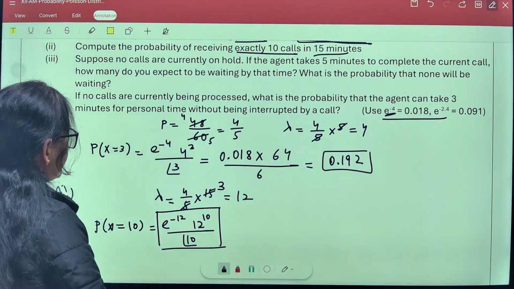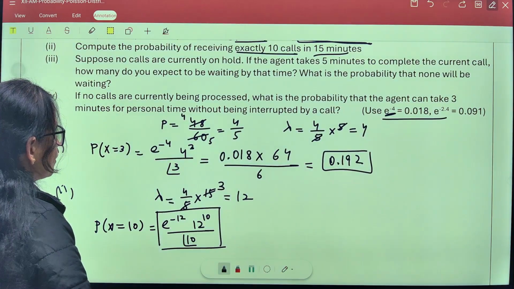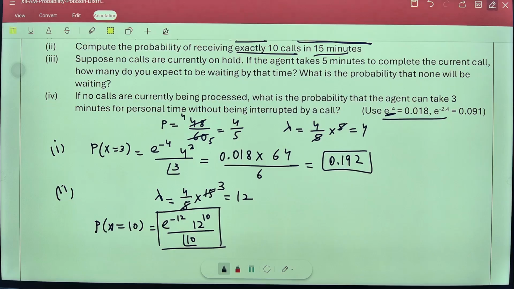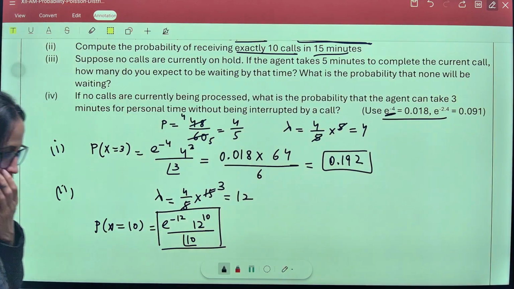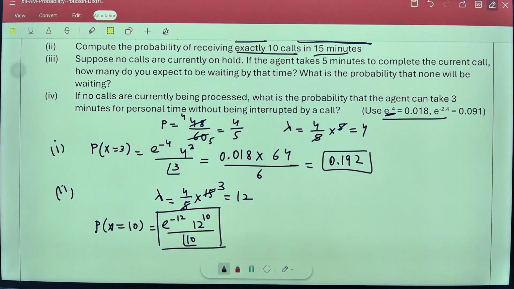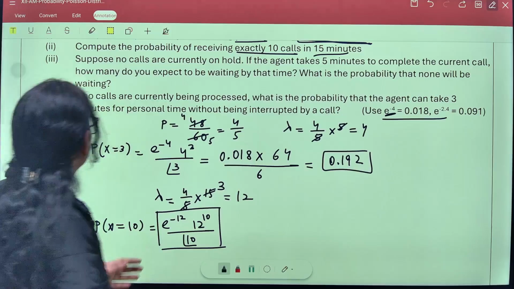Third part. Suppose no calls are currently on hold. If the agent takes 5 minutes to complete the call, how many do you expect to be waiting by that time? What is the probability that none will be waiting? So none will be waiting means you need to find the probability for x being equal to 0. Now before that you need to understand what is the value of lambda here.